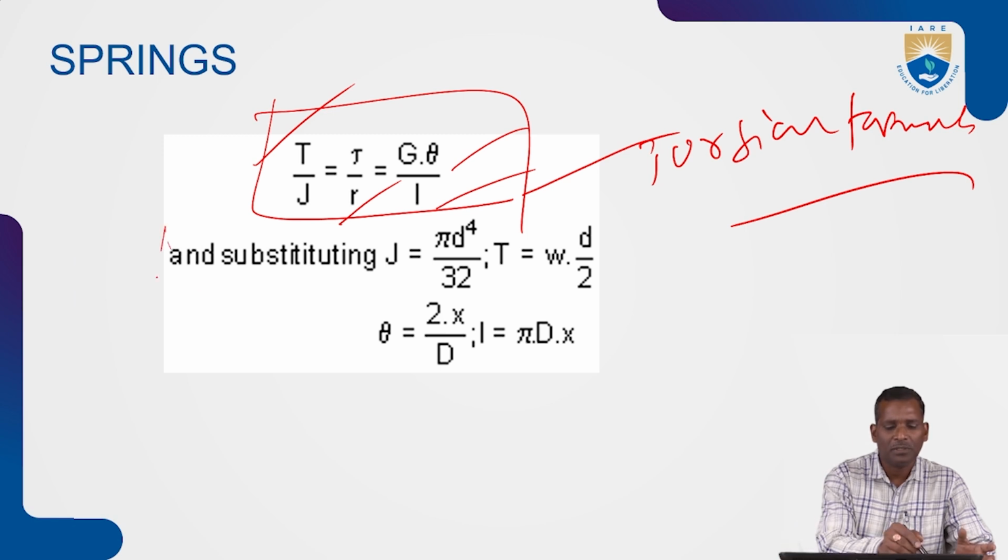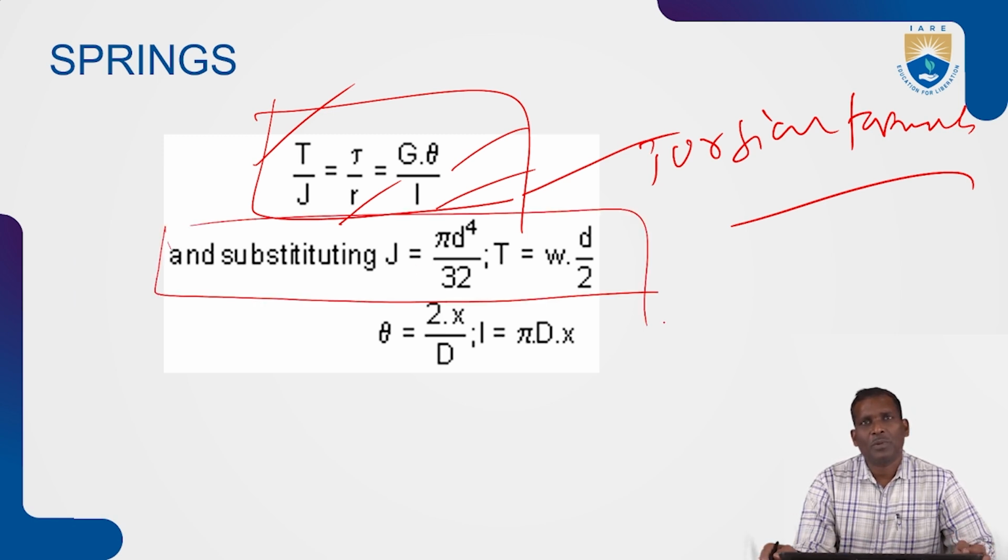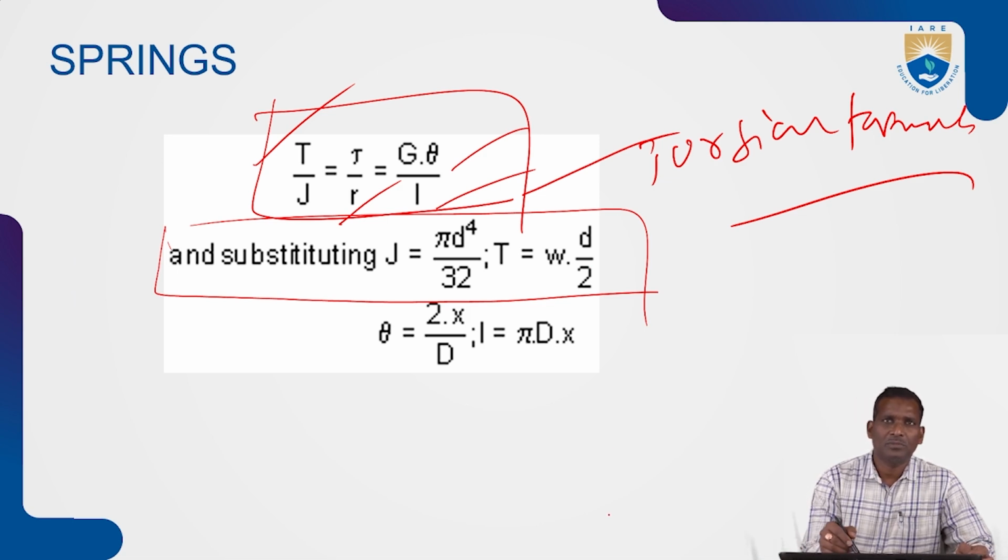Now substitute J is equal to pi d to the power of 4 by 32 for a circular cross section, and T is W into D by 2, where the load is W and the distance is D by 2.